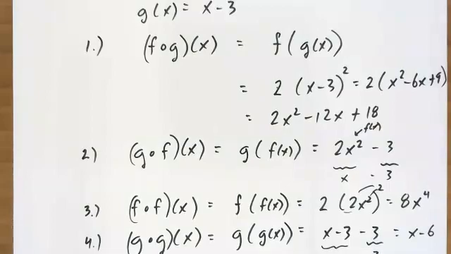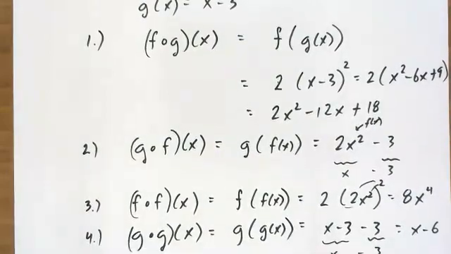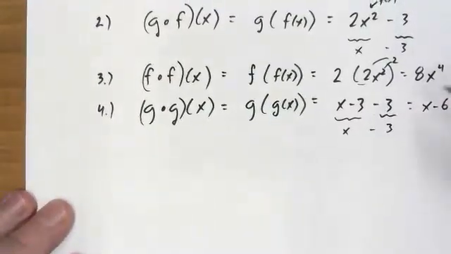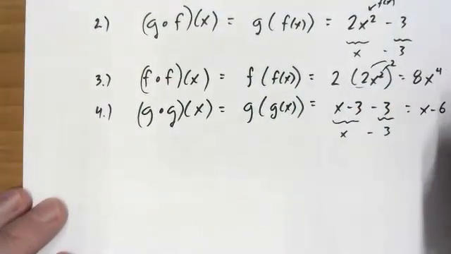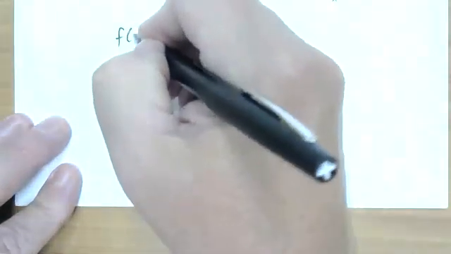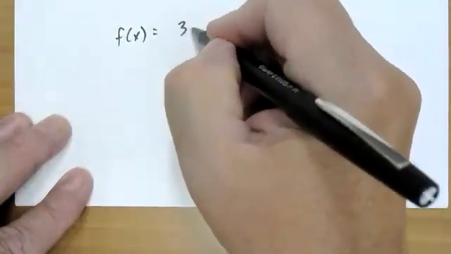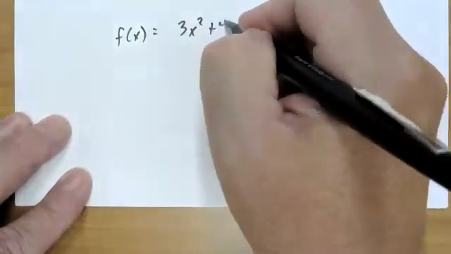Now here's something that's interesting. Let's do a composite function problem, but now we're going to replace x with a number. So we're going to evaluate it. So here is a problem. F of x equals 3x squared plus 4.